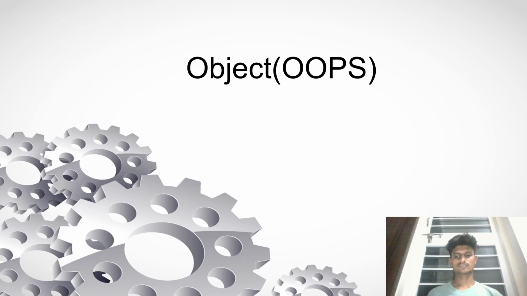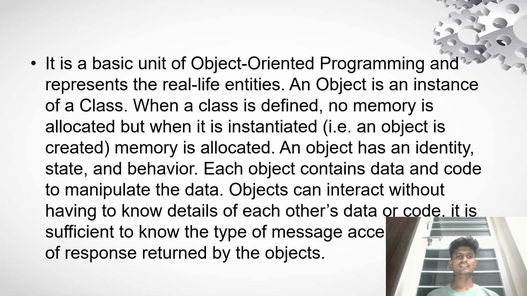So let's start. An object is a basic unit of object-oriented programming and represents real-life entities, which we saw earlier in the introduction part of object-oriented programming. An object is an instance of a class. When a class is defined, no memory is allocated, but when it is instantiated, an object is created and memory is allocated.